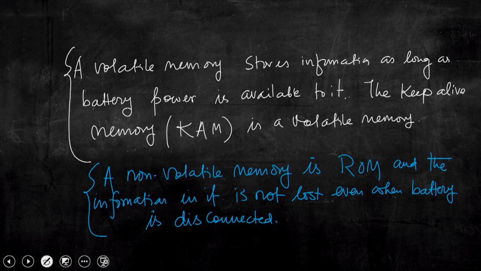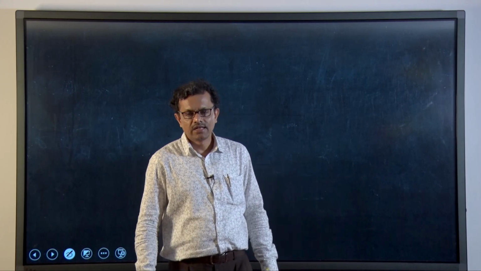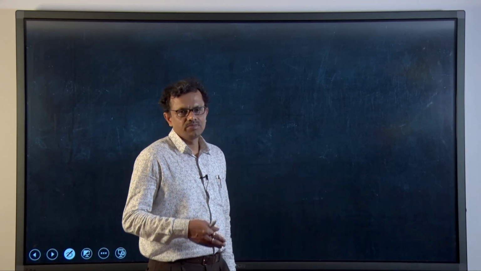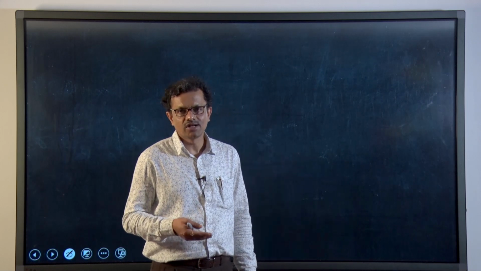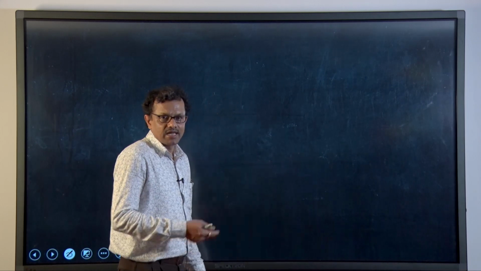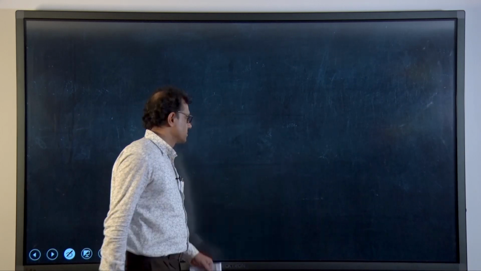So, now let us discuss briefly about the read only memory, and then we shall discuss about random access memory. So, another important salient point of this memory chip, that is ROM, let me write that particular salient point, then we shall discuss.